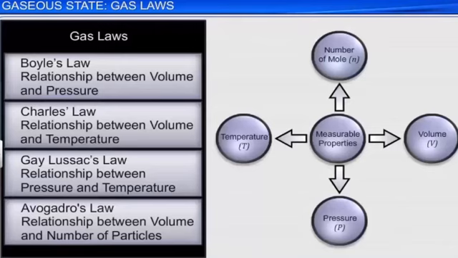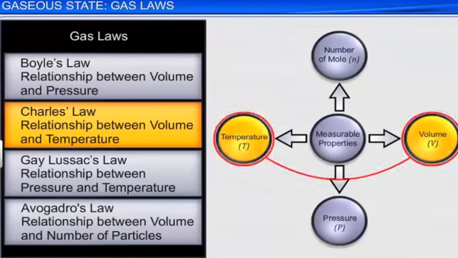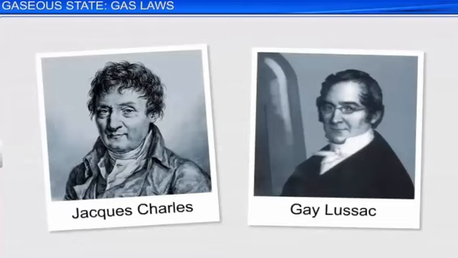The next law is Charles' law that describes the relationship between volume of a gas and its temperature. Charles and Gay-Lussac studied the relationship between volume and temperature of gases independently.